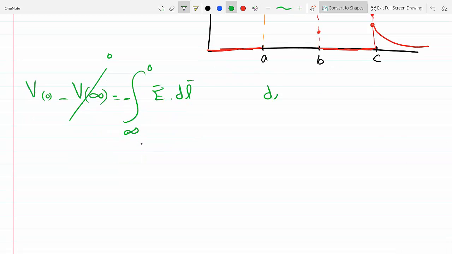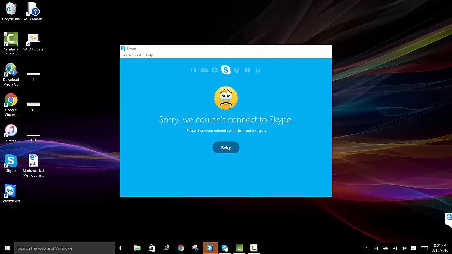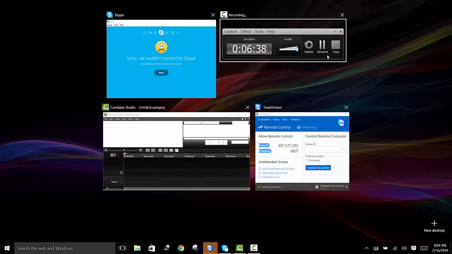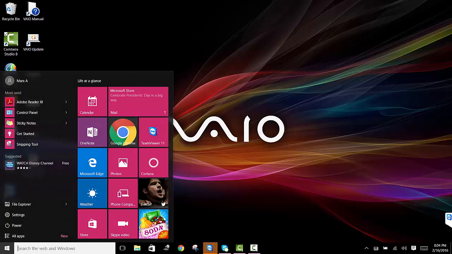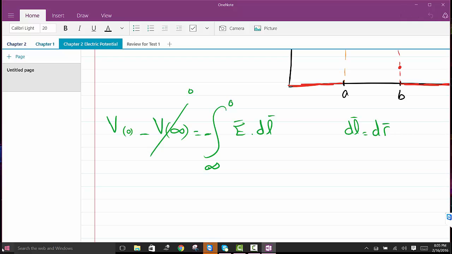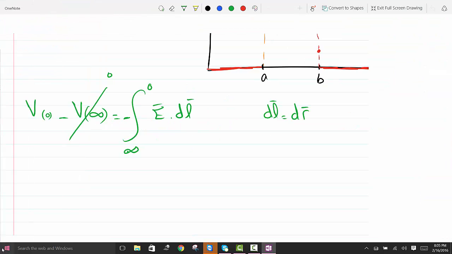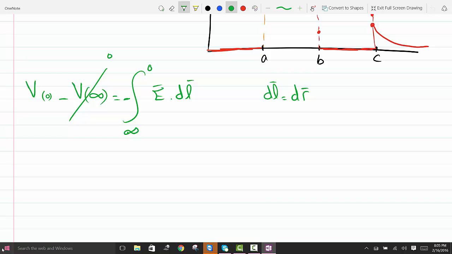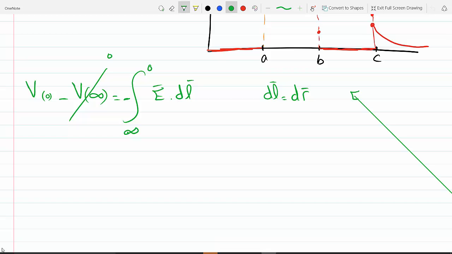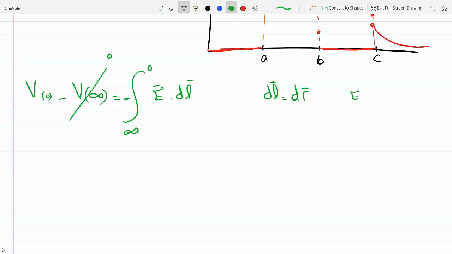In this case dl is just dr because the electric field is in the radial direction, so the displacements are in the radial direction, and E also points in the radial direction. So r-hat dot r-hat will just be 1.